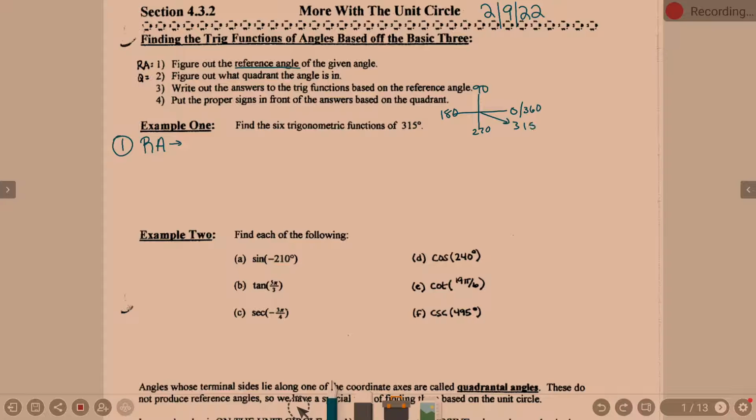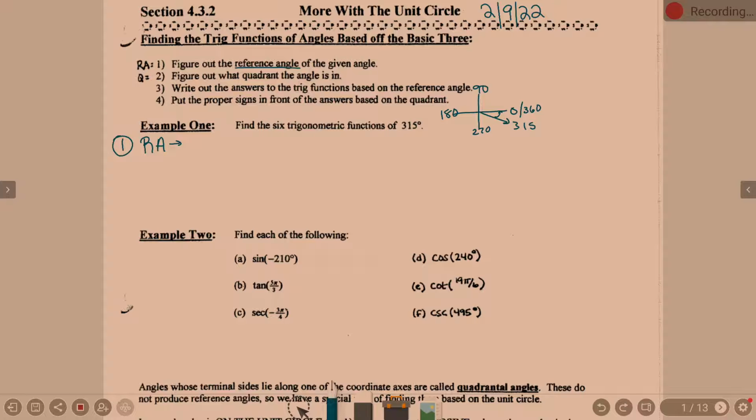So if I want to know how far this is from the x-axis, how am I going to figure that out? Subtract from 360. So we're subtracting 315 from 360. If we were over on the other end, we'd be using 180 and adding or subtracting. But we want to know that difference there.